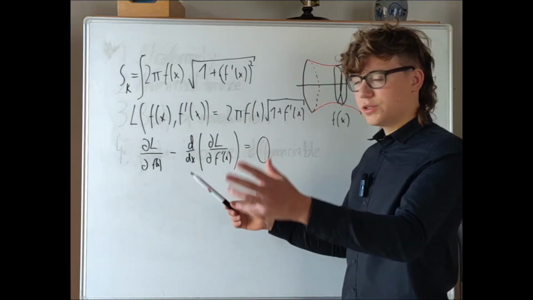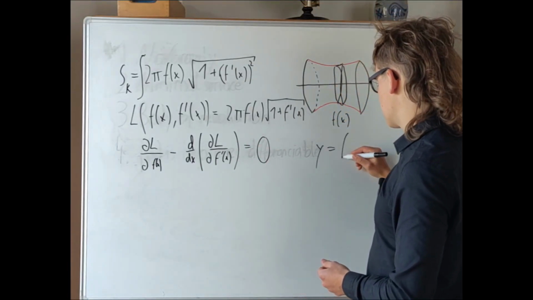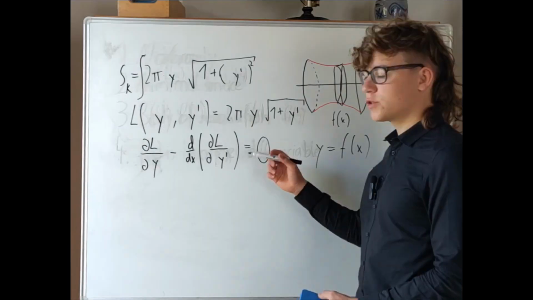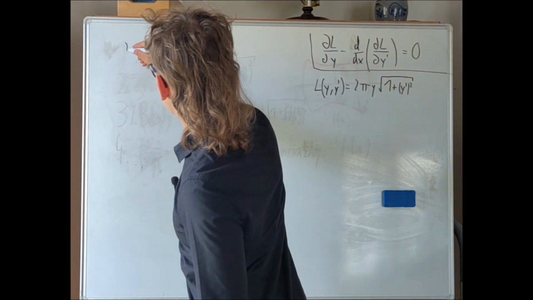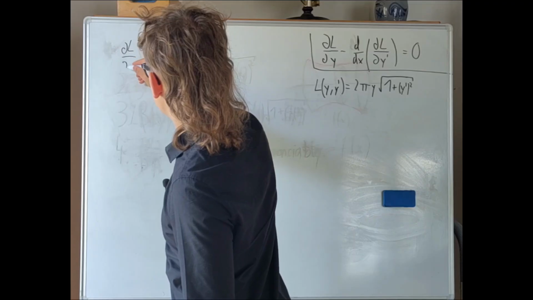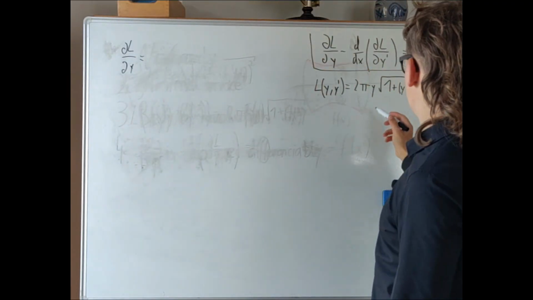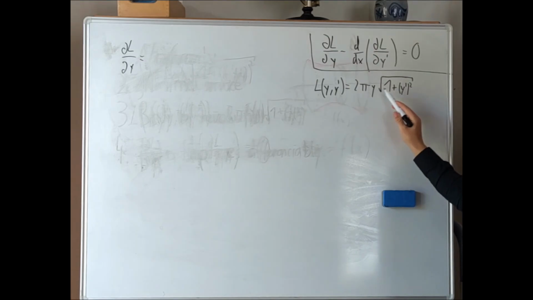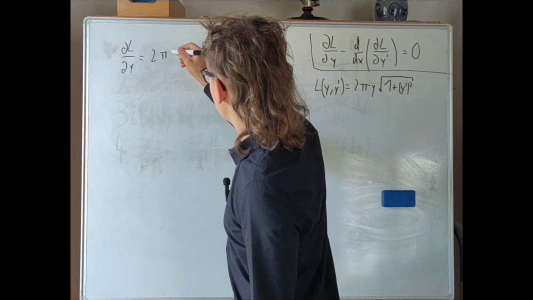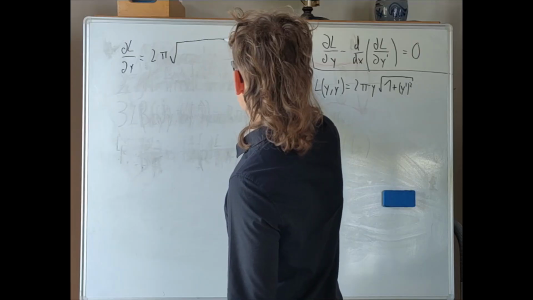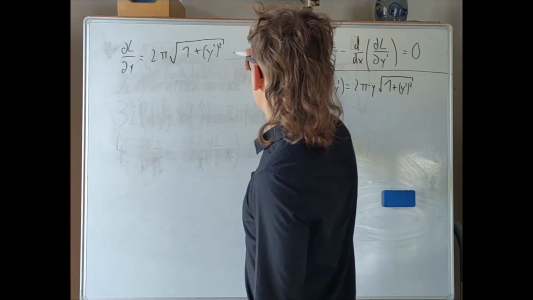So because we need to write a lot, let's just change all of the f of x's to a y. So let's begin evaluating this. First of all, let's take the partial derivative with respect to y. This will be equal to, well, there's only one y here, and the rest is a constant. So we can just forget all of the other stuff, and this will just be that exactly.